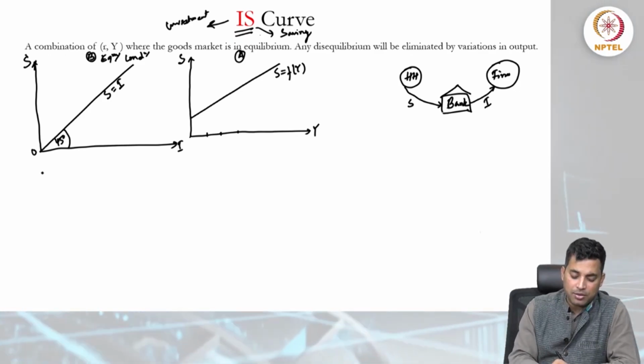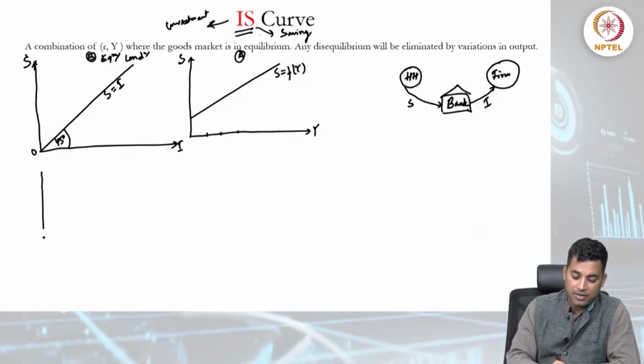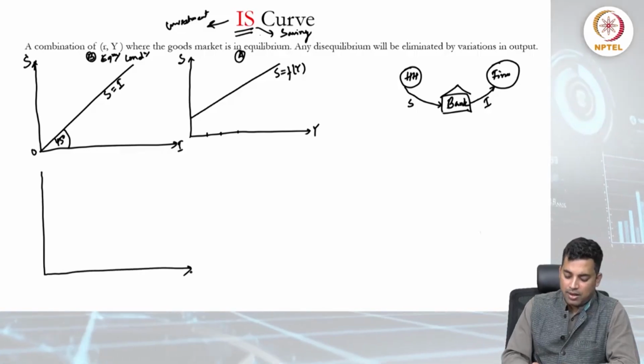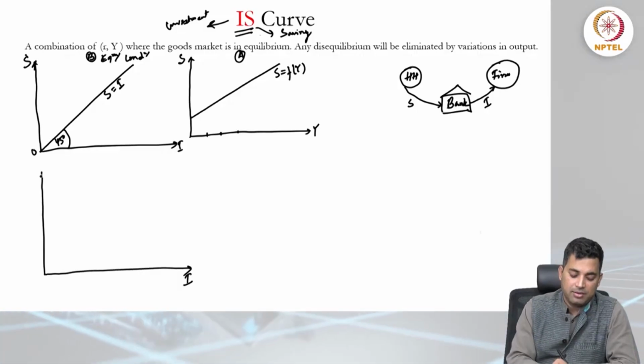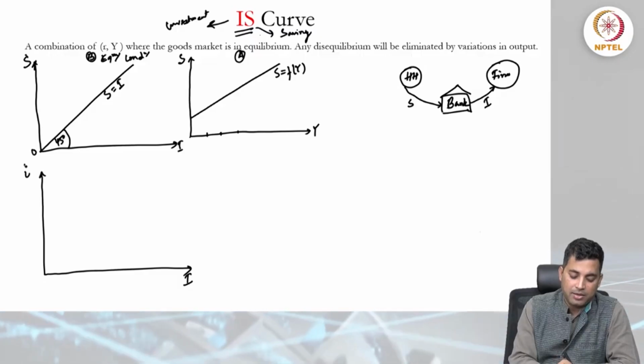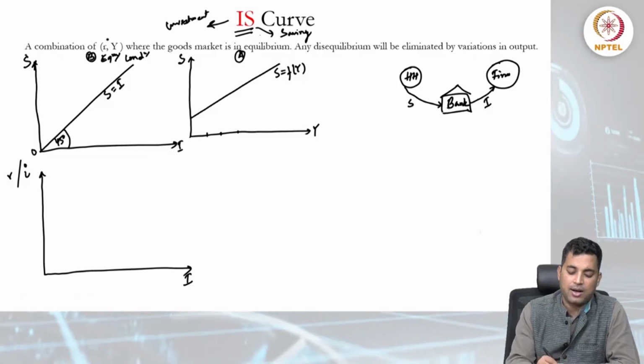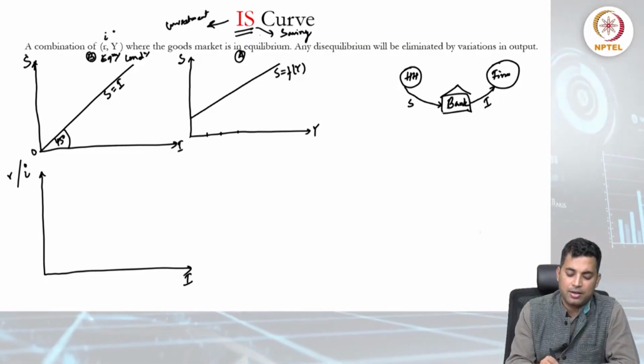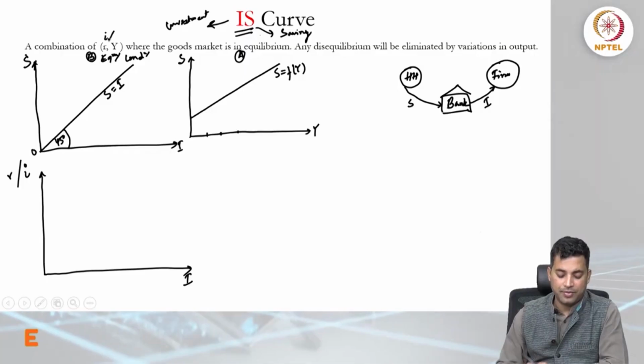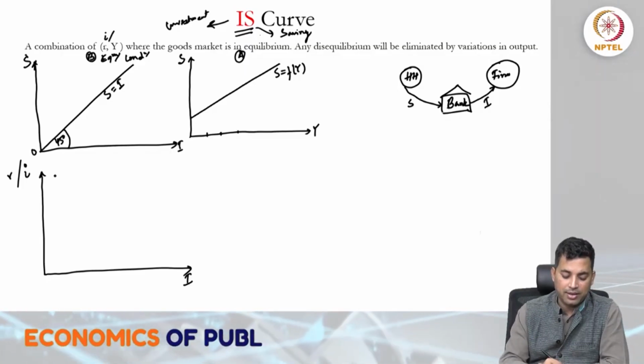Now let's talk about panel C. We already know how investment and rate of interest, I and R, are related.